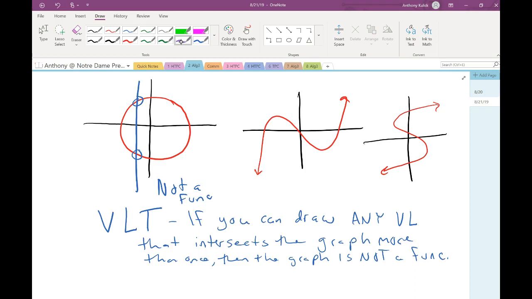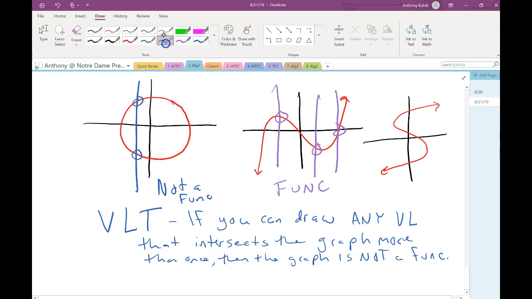No matter where I draw a vertical line, any spot I choose, that vertical line is only going to intersect the graph once. How about this last one? Not a function, right? I can draw a vertical line, say here, that intersects the graph 3 times.